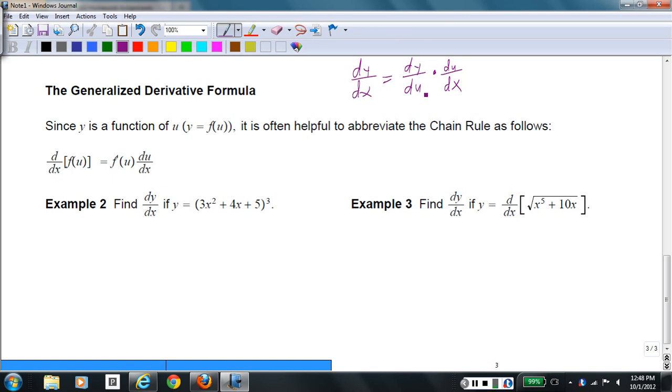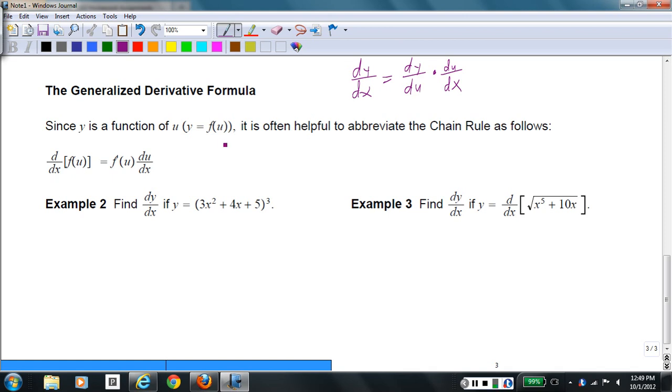Now the extra step that has to be gone to is if you have the derivative of y with respect to u, probably that has u's in it. But u has been expressed as a function of x, so you take any place where you see a u and replace that with the expression that has x's in it. In this case, we've got derivative of f of some expression u.